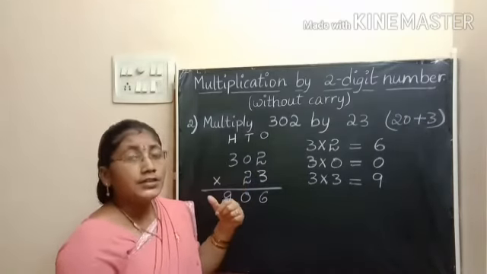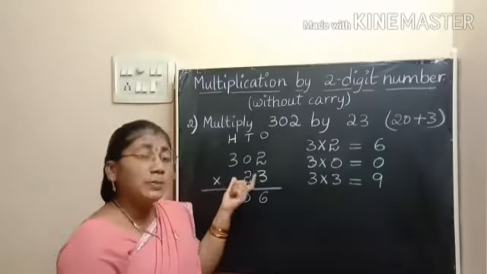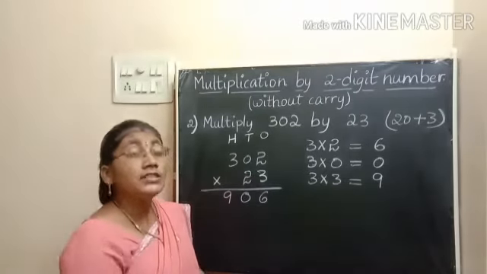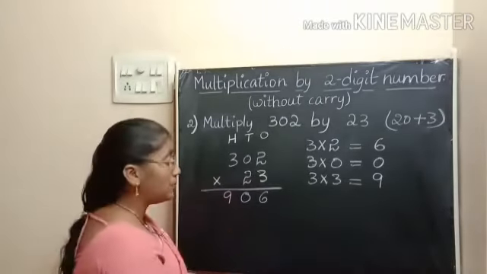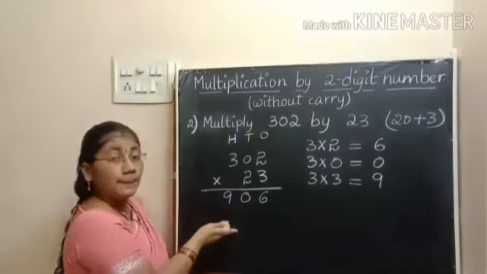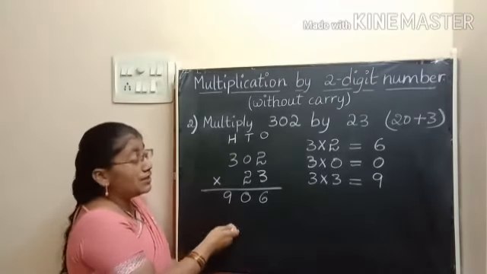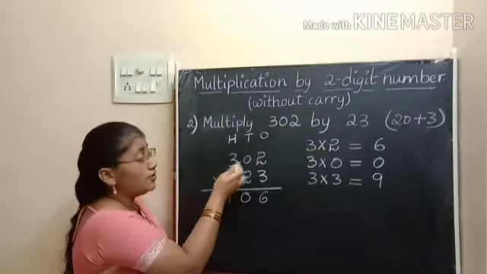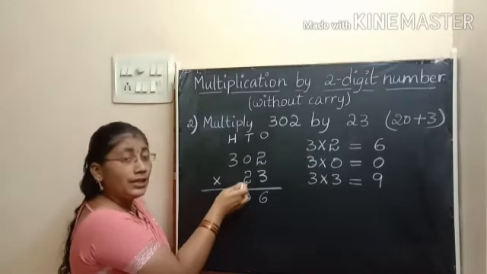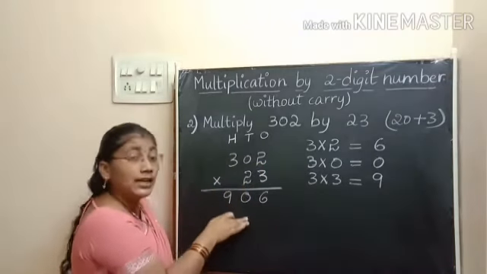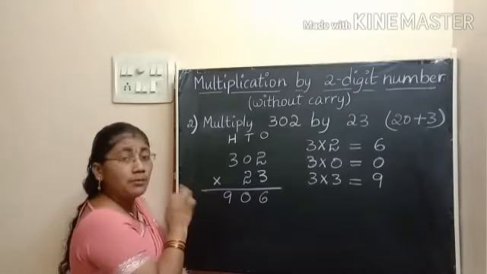To get multiplication with 20, first we should write a 0 in the ones place in the next line, because the result of multiplying 302 and 20 we have to write in the next line. We should not write in the same line.